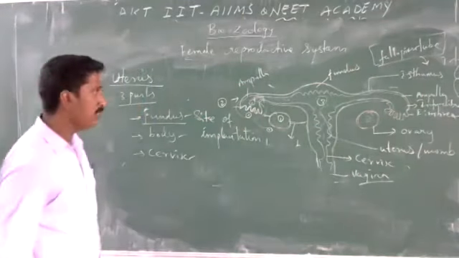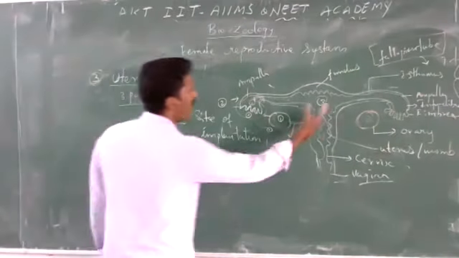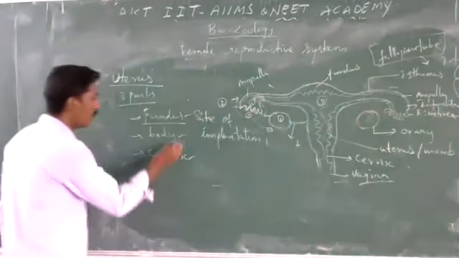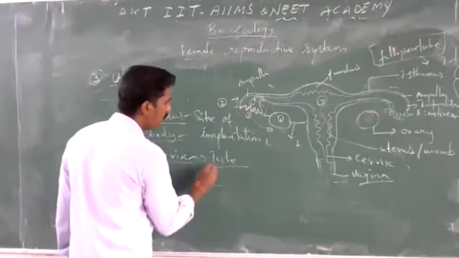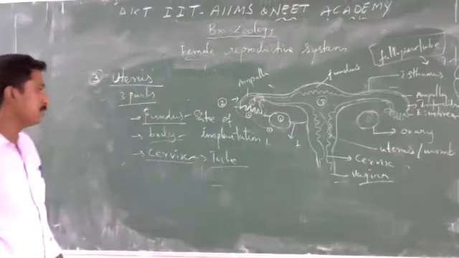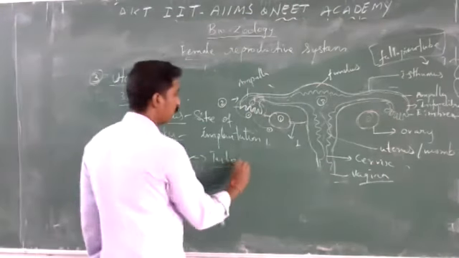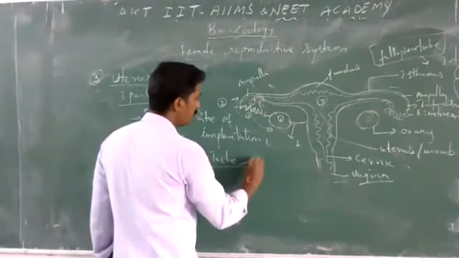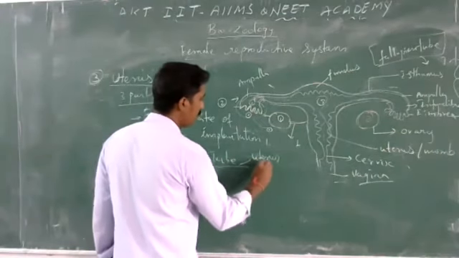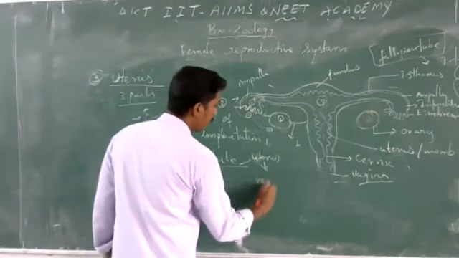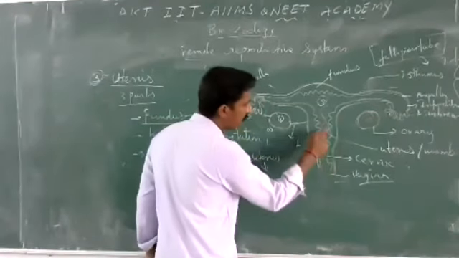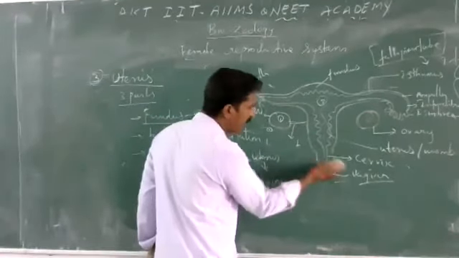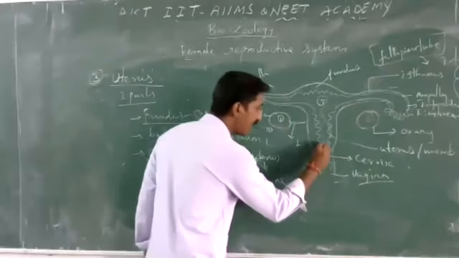The body region is tubular, and followed by the body region is the cervix region. The cervix region is a tubular region. This tube connects the uterus to the vagina. The uterus and vagina are connected by the cervix.